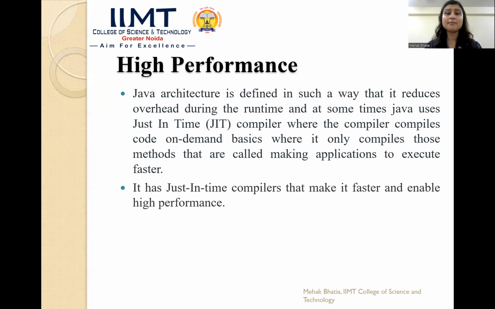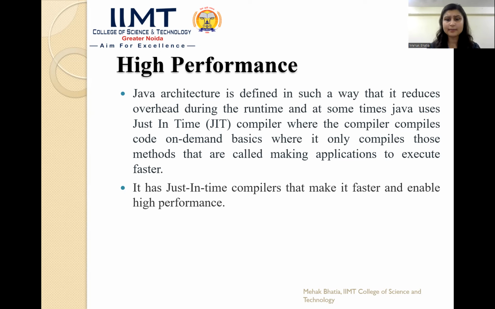Next feature is the high performance feature of Java. Java architecture is defined in such a way that it reduces overhead during the runtime, and at some times Java uses the JIT compiler, just-in-time compiler, where the compiler compiles code on demand basis, where it only compiles those methods that are called, making applications execute faster.